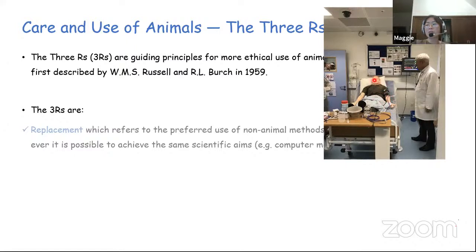The robot patient can respond through the machine, and the teacher can also talk through this robot to respond to the students' treatment. So with this kind of robot, the students do not need to use animals for their fundamental lab class anymore. This robot can replace the animal in their lab class. So this is the first example, replacement.